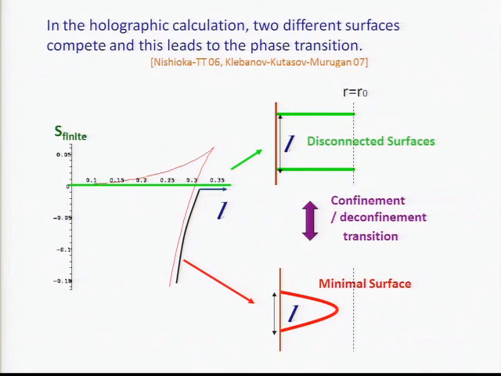But if L is very large, which goes to the infrared region, then there is a phase transition at this point. We pick the smaller one. This goes to a very simple constant contribution. So no dynamics is expected at low energy. This is consistent because we have a mass gap due to confinement. So this transition point is sort of the confinement, deconfinement phase transition point. We have this connected surface for the green infrared geometry.